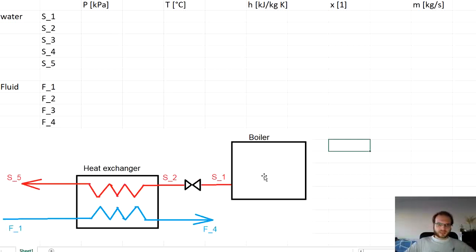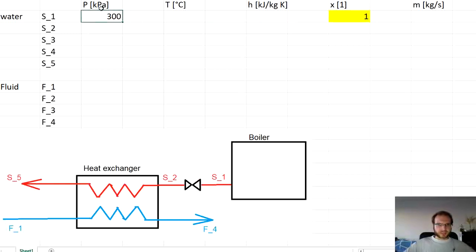So the steam at the boiler outlet is saturated steam at point S1 at a pressure of 3 bar. So 3 bar is 300 kilopascals, and we know that the steam is saturated. So that means that the quality of the steam is 1.